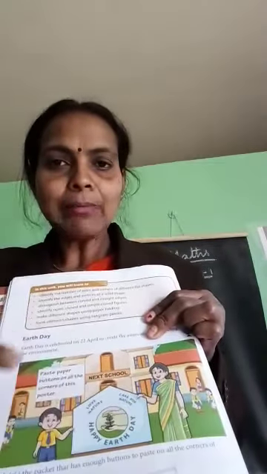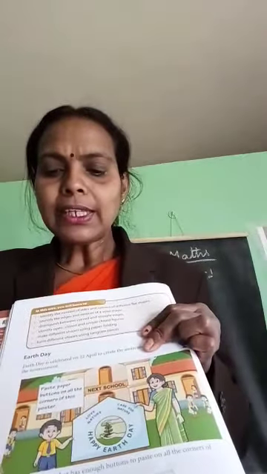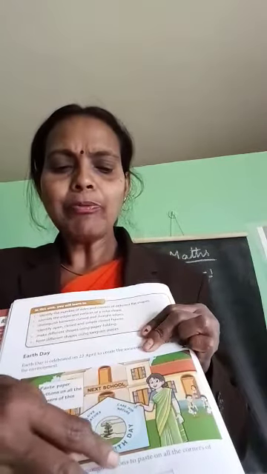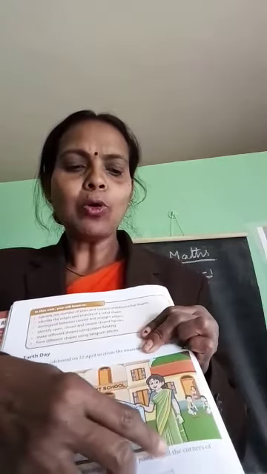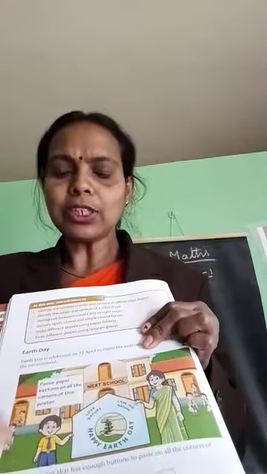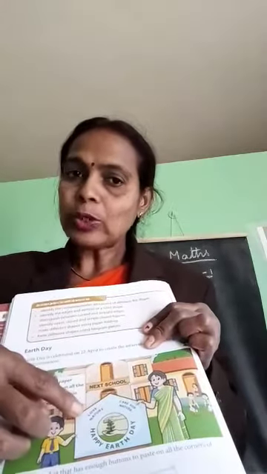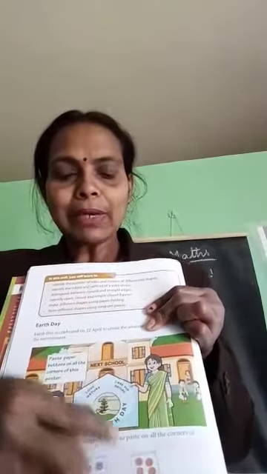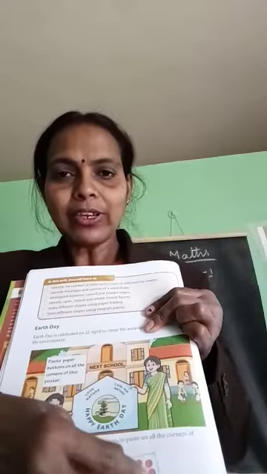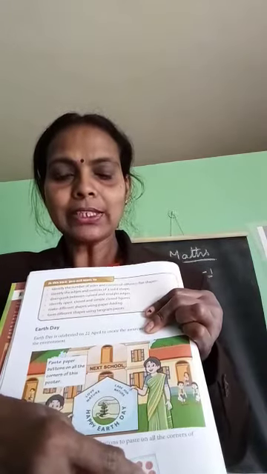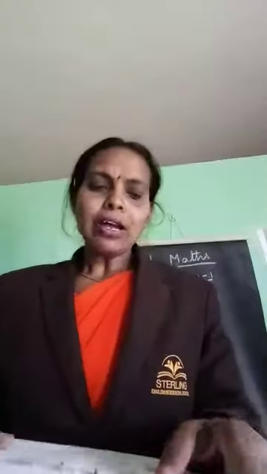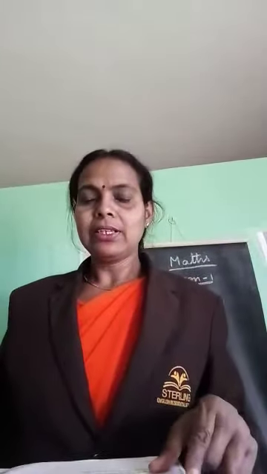So 5 buttons are required. Pick the packet that has enough buttons to paste on all the corners of the poster. This poster has 5 corners, so you need 5 buttons here. So put a tick mark over here. Got it?